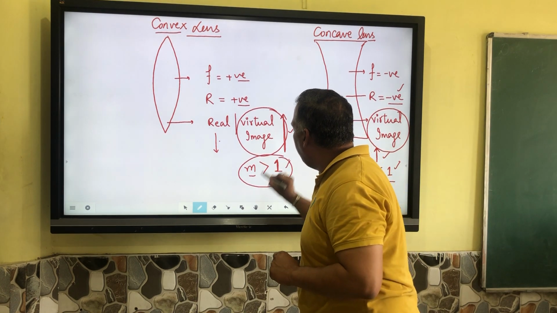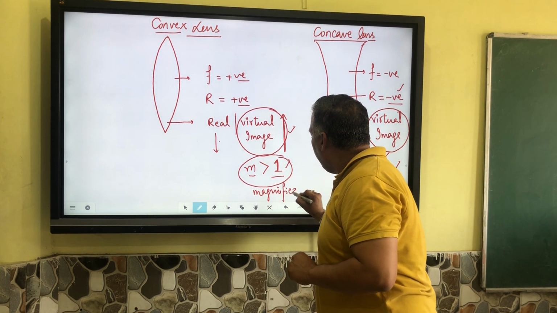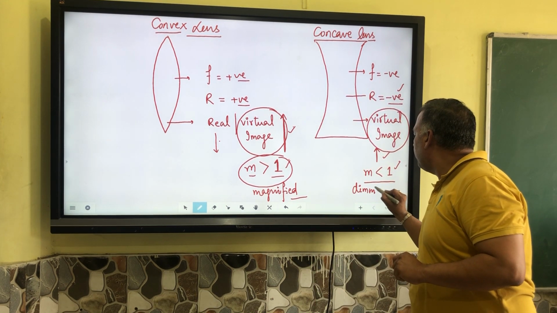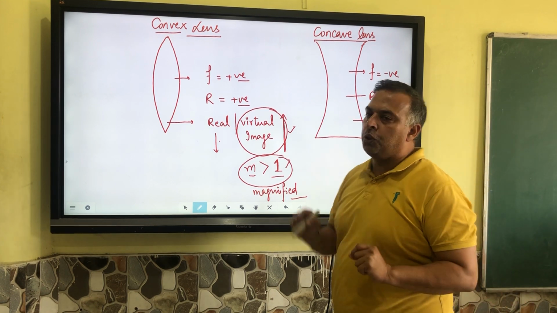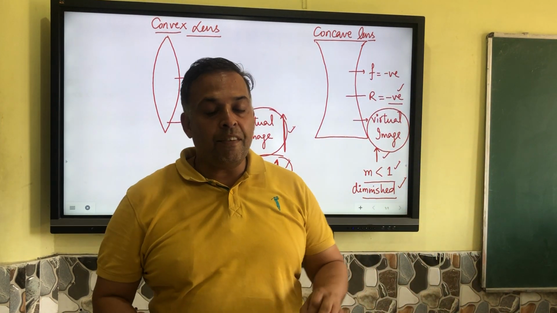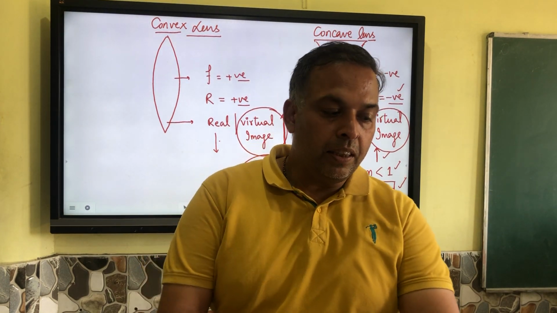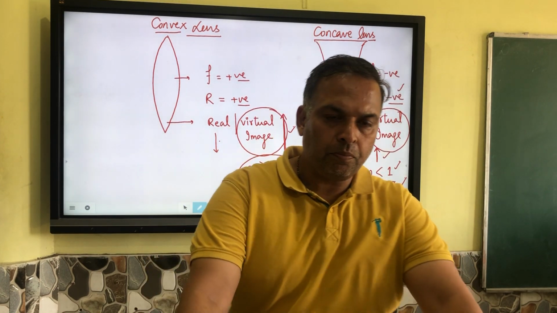So this we call magnified image and this we call diminished image. This will be the difference between the two. First, I will consider the biconvex lens, then I will consider the biconcave lens.